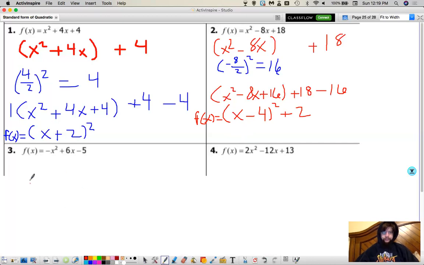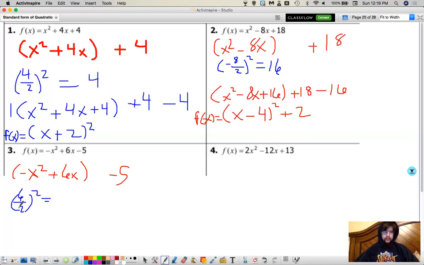Let's do it. -x squared plus 6x. Isolate that little constant over there. Get out the way. Figure out what c is. Cut b in half and square it.